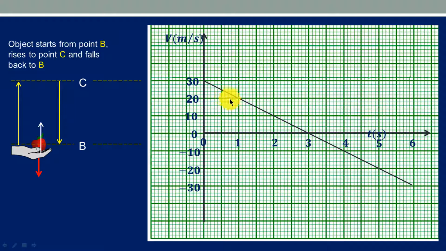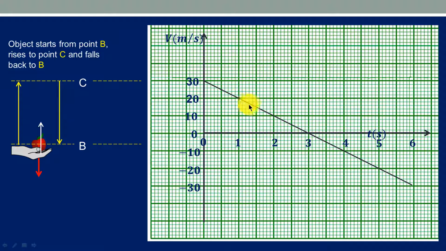So over here, it is slowing down. And indeed, you can see these values, they agree. It starts with 30 meters per second as soon as it leaves contact with the hand at that particular point. And then after 1 second, it has reduced to 20 meters per second. After another 1 second, it has reduced to 10 meters per second. And after another 1 second, its speed has become 0. So the rate at which the velocity is reducing is 10 meters per second every second.